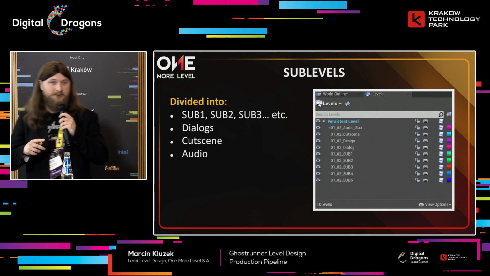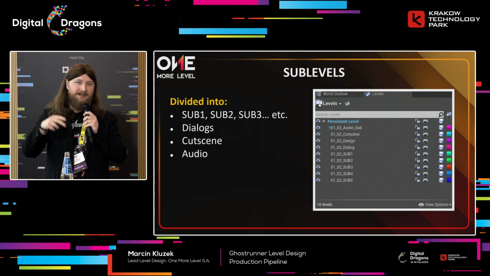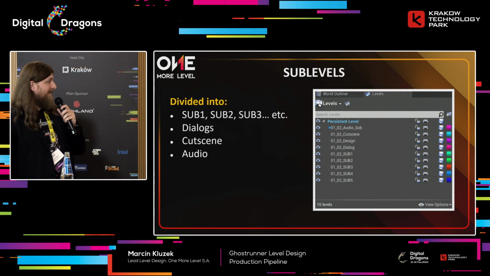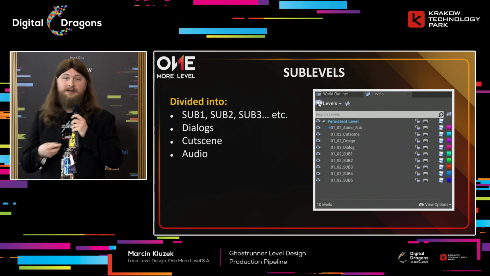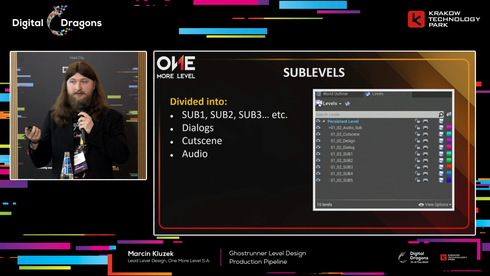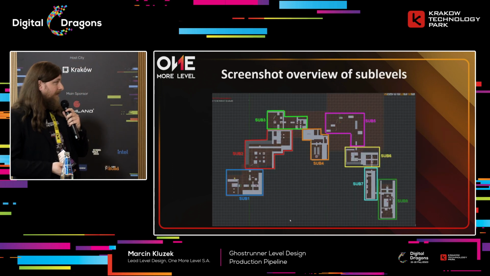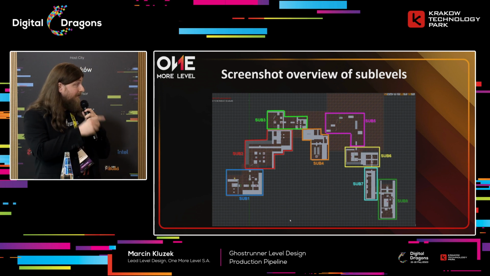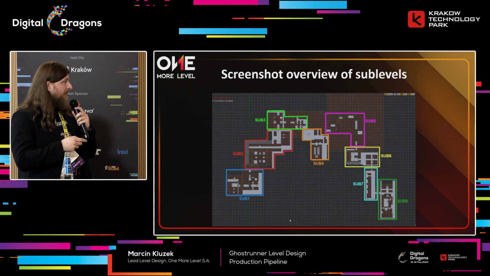In between sub-levels, you also add corridors with doors, so when you enter a corridor, you can unload the level. Also, dialogues, cutscenes, audio, all of those things are separate sub-levels. If somebody from other departments wants to work on the level, he doesn't have to wait for the scene to be available. So that's what a typical level structure looks like in the engine from the top-down view.